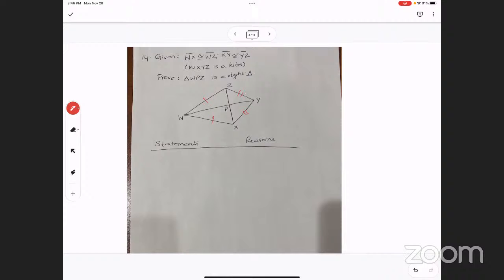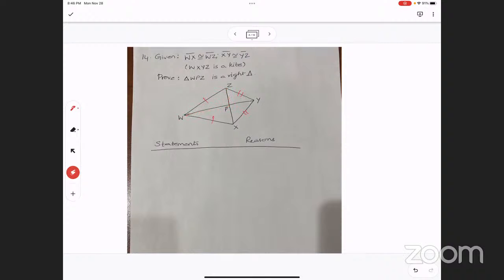I thought that one of the properties of a kite was that the diagonals are perpendicular to each other. That's a property of a kite, but they're basically wanting us to prove that property. Okay. They're wanting us to prove that WPZ is a right triangle.